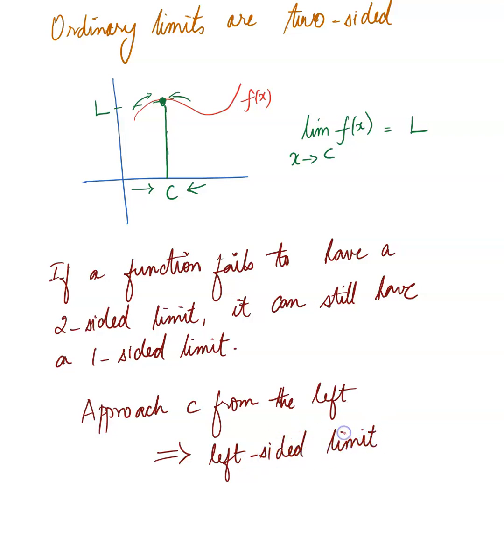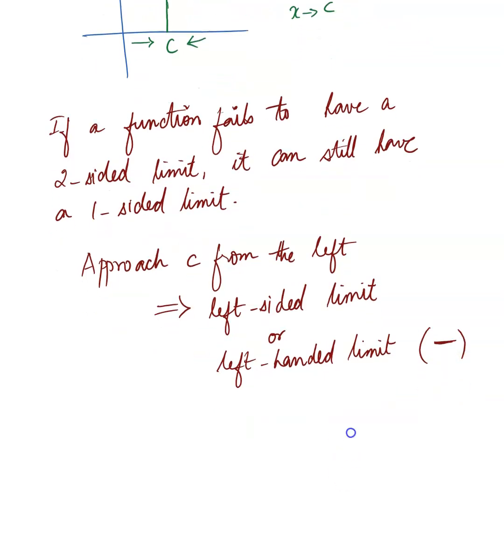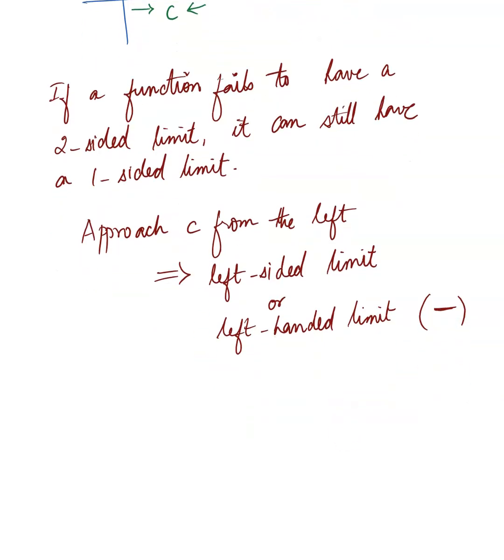Sometimes it's also known as left-handed limit. Now, remember the notation for this would be minus. I'll shortly give it to you in the full format, but remember minus. When you approach from the left, it takes a minus as the symbol for it.